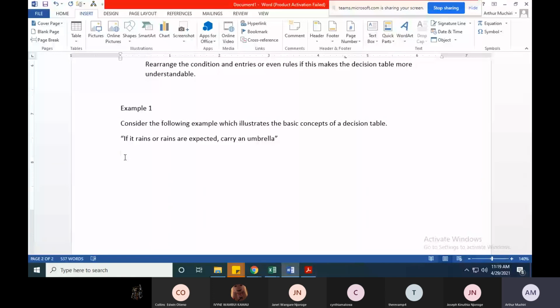So how many conditions do we have in this? We have two conditions, which are raining and rain is expected. If we have two conditions, how many condition entries are we going to have? It's 2 raised to what? To 2.